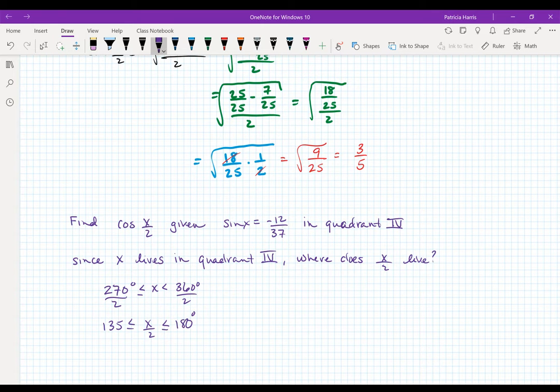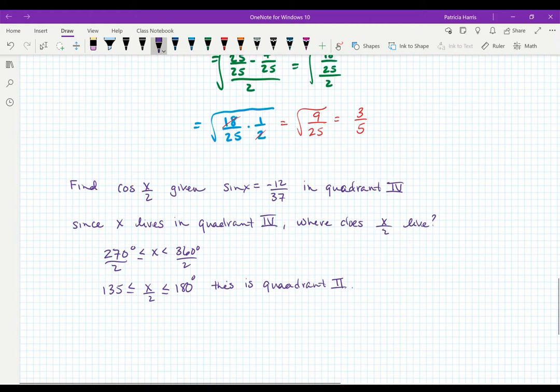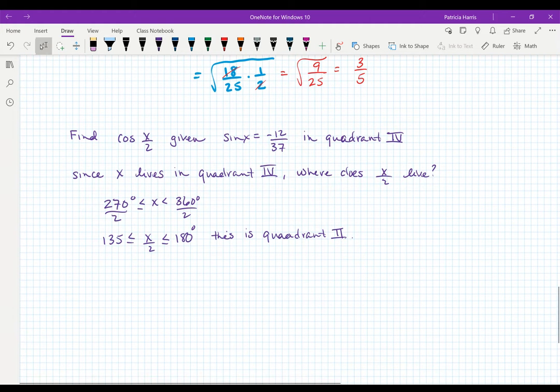So what quadrant's that? This is quadrant 2. Okay, so that's going to help. Okay, now, so we need to think of what else we need.